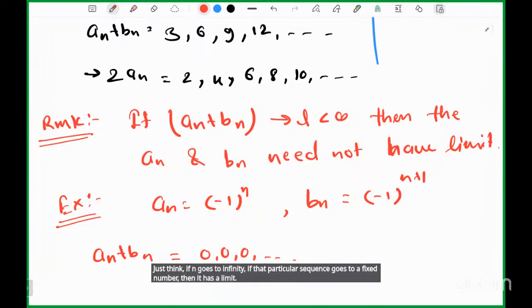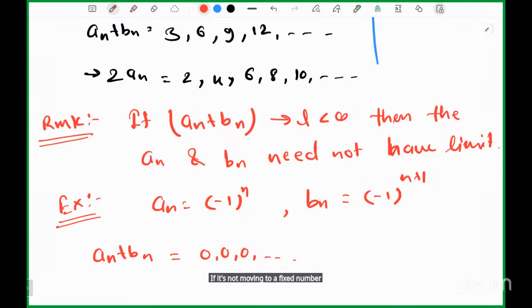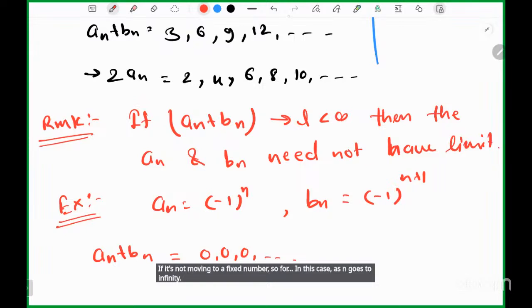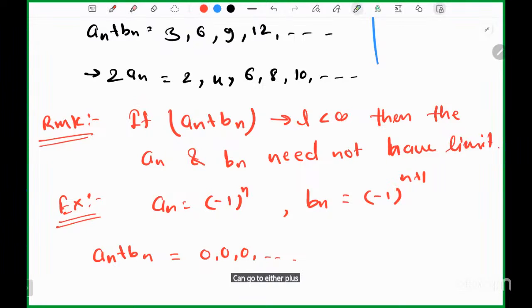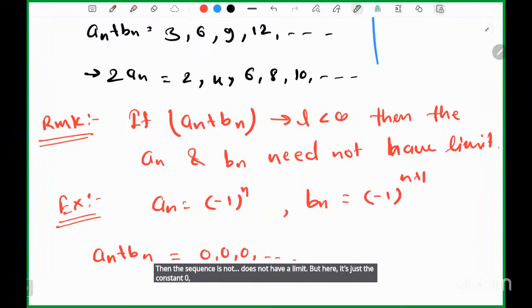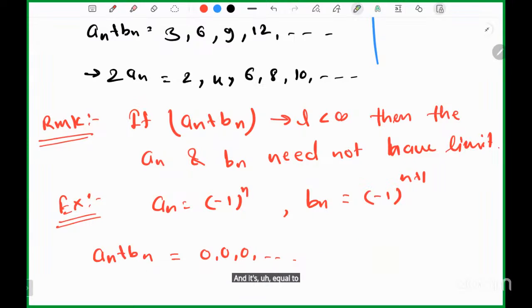If it's not going to a fixed number, as in this case, where the sequence can go to either plus 1 or minus 1, then the sequence does not have a limit. But here the sum is just a constant 0. As n goes to infinity, this will also go to 0. So that means the sum sequence has a limit and it's equal to 0. Okay. Is that clear? Fine.